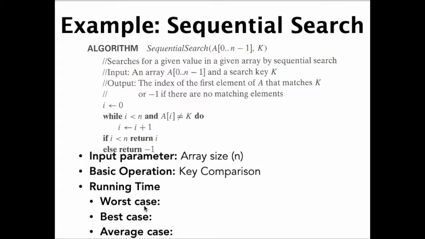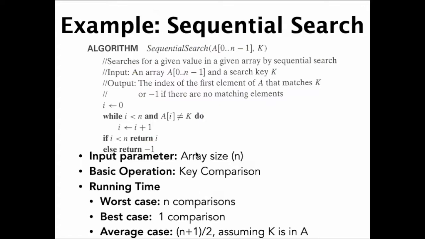For the worst case analysis, using this algorithm, marami tayong key comparisons if k is nasa last position ng array. So, we will have to go through each element from the starting position until sa last. And ang mangyayari is magkakaroon tayo ng n comparisons. For the best case, which is yung pinakakaunting possible na comparison, if k is in the first position.